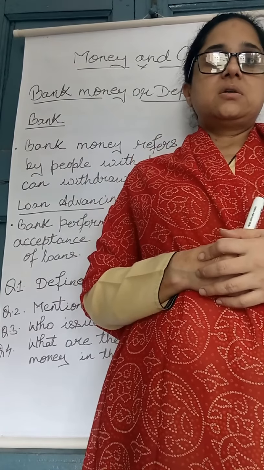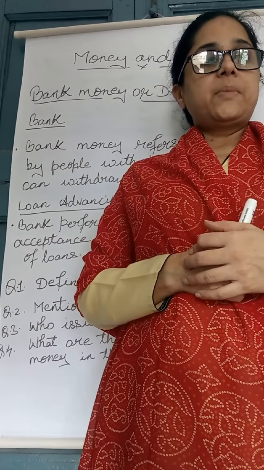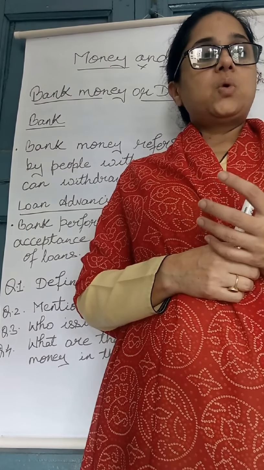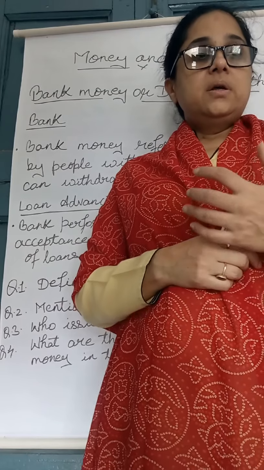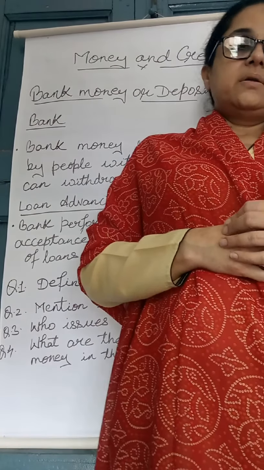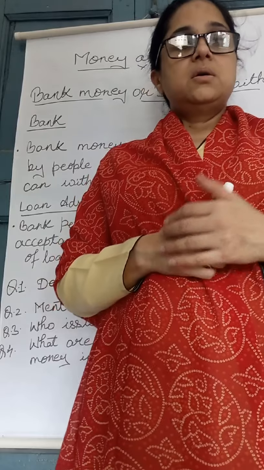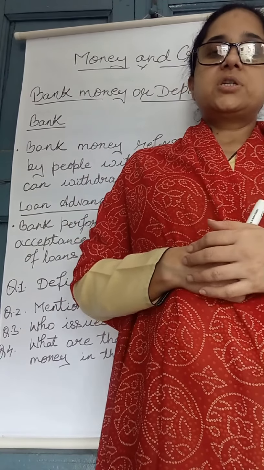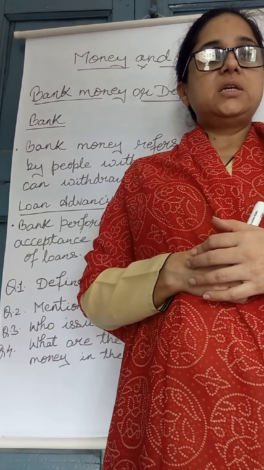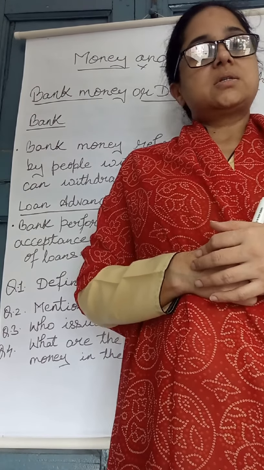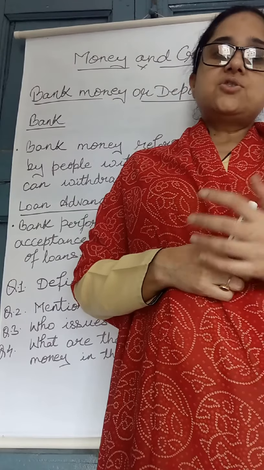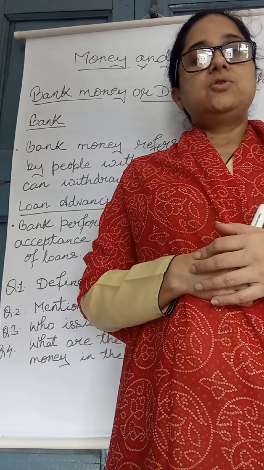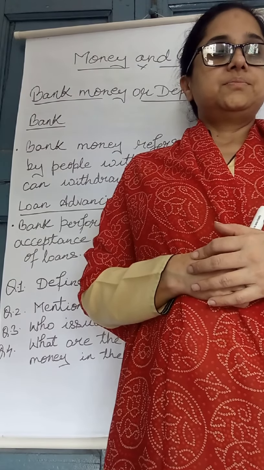These deposits are called demand deposits. Now what are demand deposits? Demand deposits are accepted as a means of payment because the depositors get the facility of a check against it, which is used to settle the transaction without the use of money.